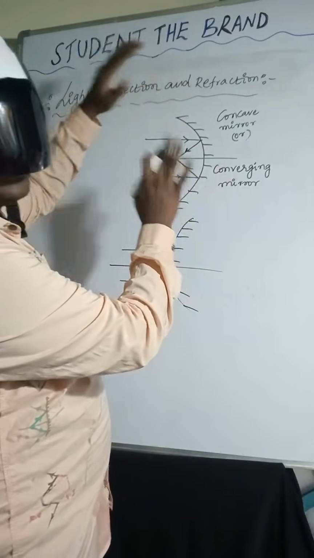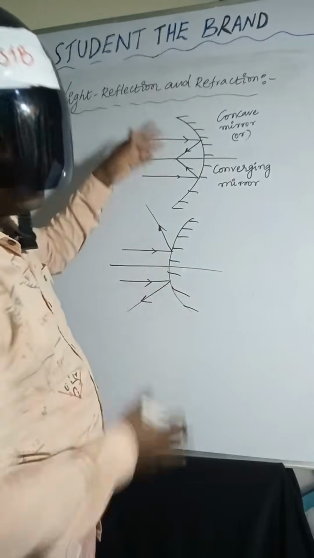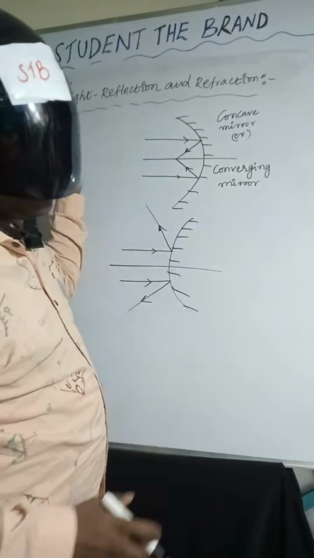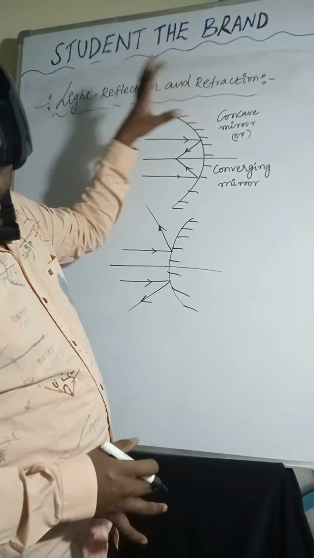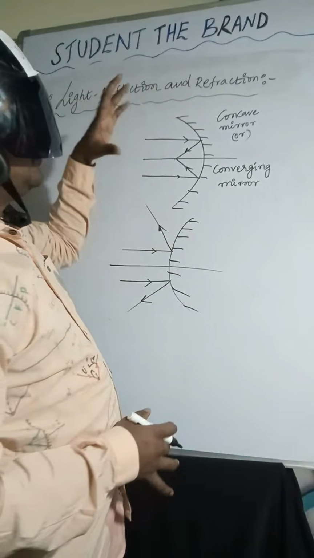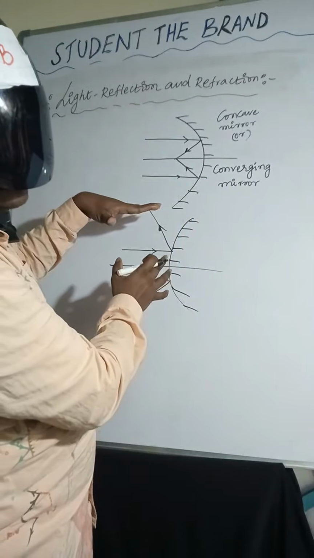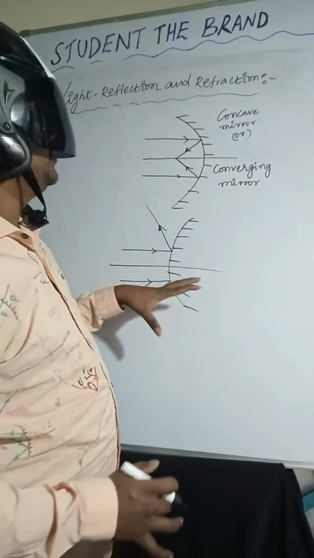Whereas in a convex mirror, after reflection, light rays move away from the principal axis. That's why it is called a diverging mirror.